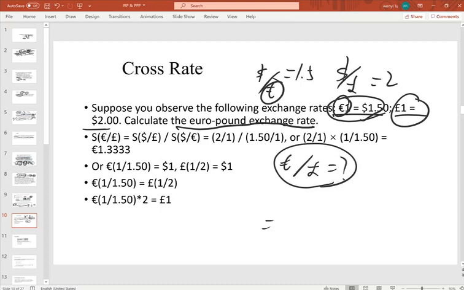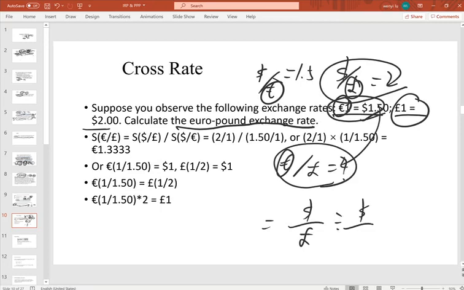You can see the euro is on the top and the pound is on the bottom, so this has the same format as the dollar over pound. We should divide by the dollar to the euro rate. In this way, the dollar can be cancelled out, and the remaining ratio goes to the top.